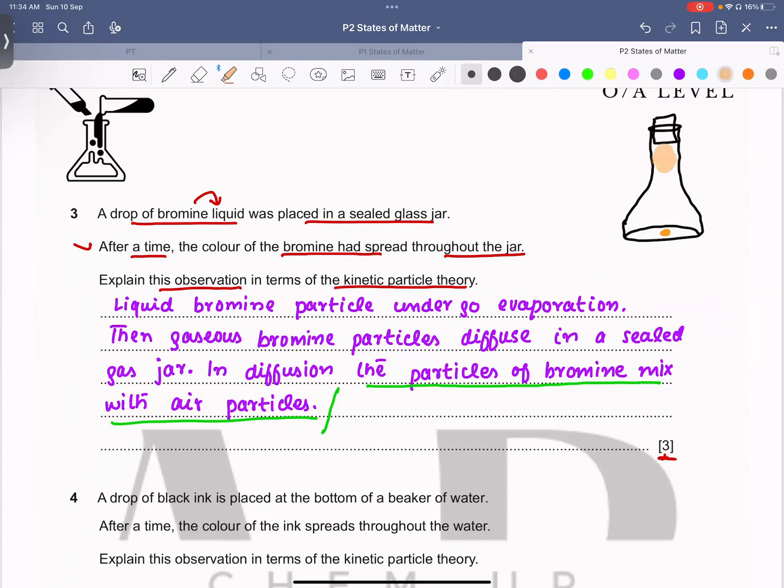This is indicating that after some time, instead of just that drop, we are observing the whole sealed flask has an orange color spread like this. This is indicating that the liquid first evaporated and the particles turned into gas and then they diffuse.